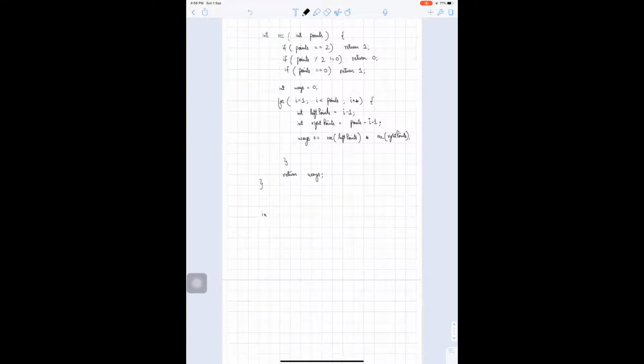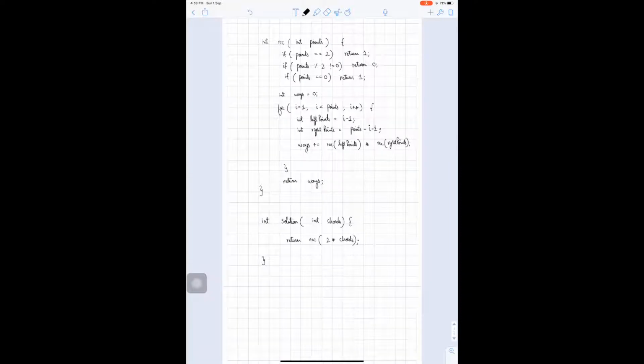The actual input was chords and we were solving for points. So return recurse 2 into chords, because for one chord there are 2 points. This was our complete brute force solution.